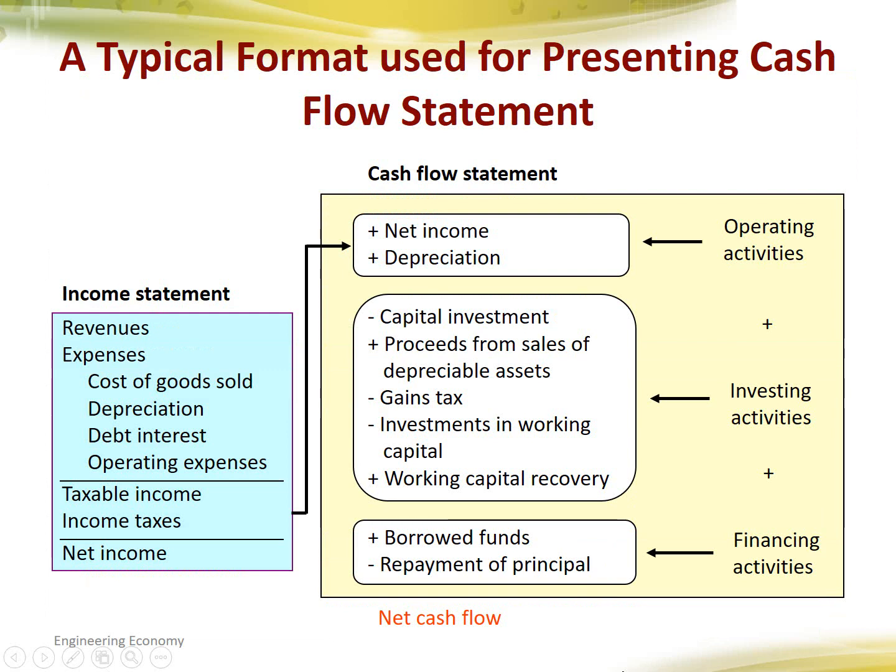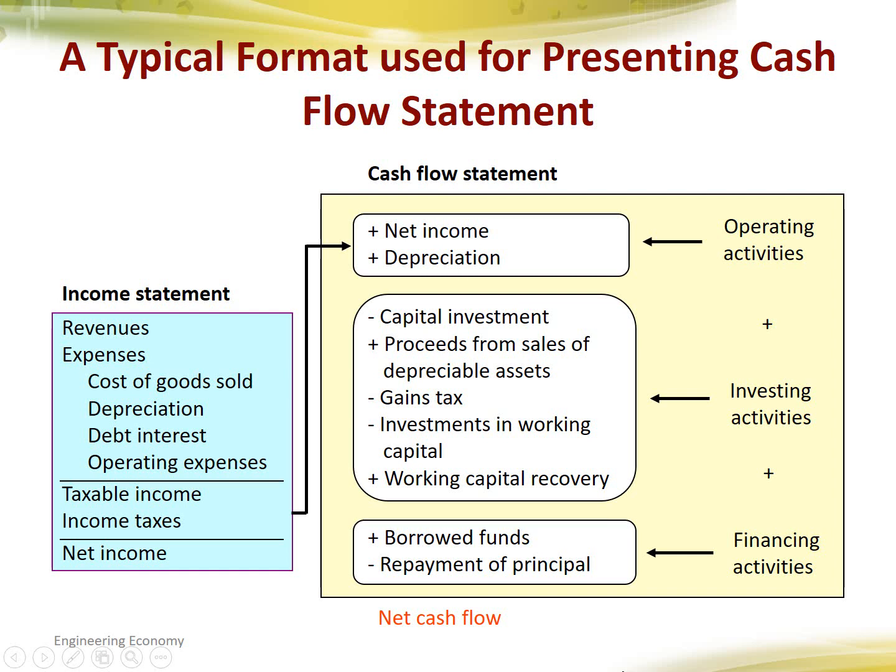Another way to look at the two approaches I just mentioned. One is using the income statement to get net income. Right? In the income statement, we have revenue, we have expenses. Again, you go back to the income statement, probably chapter 1 or chapter 2 of this course.